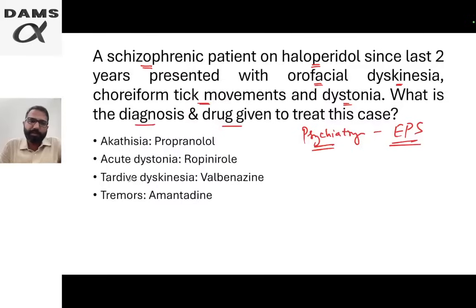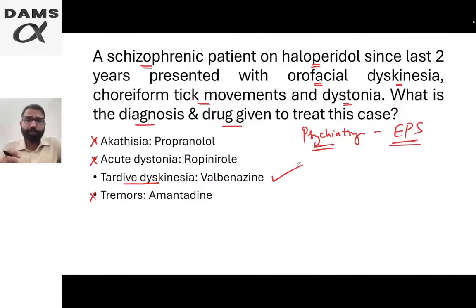This is a typical case of tardive dyskinesia. These reactions are not immediate, so it is not acute dystonia. There are no akathisia symptoms. It is not only tremors. We have a tardive dyskinesia case, and the best drug to treat tardive dyskinesia is valbenazine. All these drugs have been discussed in the class.